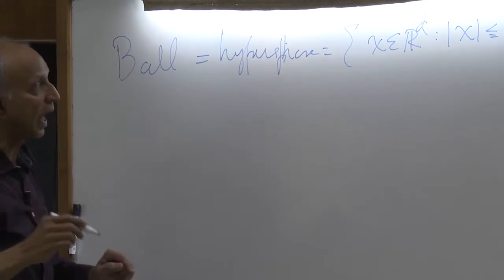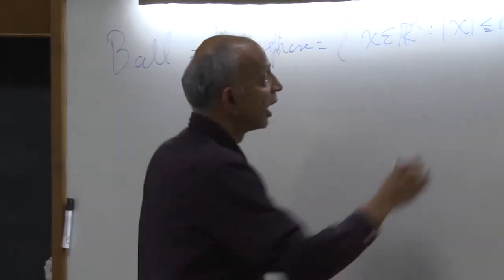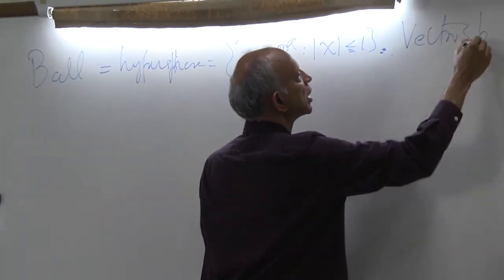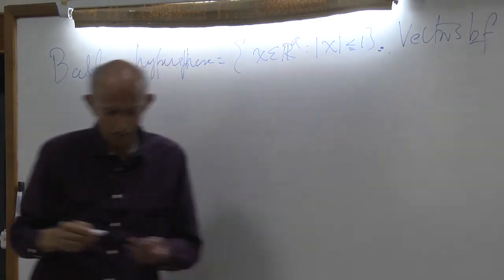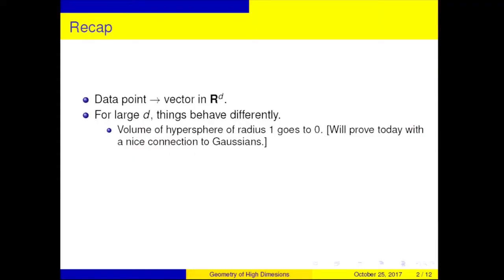And in the slides, vectors will be boldface. Right here, I can't do that, but I'll try. Keep the convention that vectors are boldface and scalars are not boldface, but not on the board.